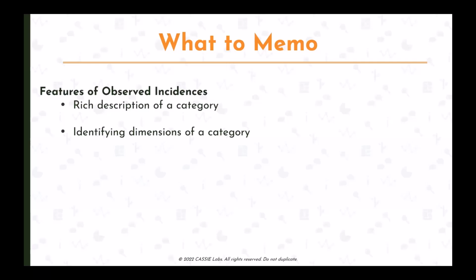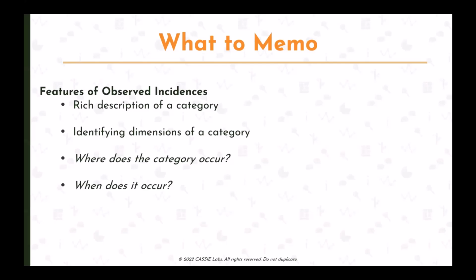When you're thinking about features of these incidences, there are some questions you can ask yourself to think about identifying dimensions or getting into rich description. So where does this category occur? Again, if the category is faculty doing critical mentorship, where would that occur?